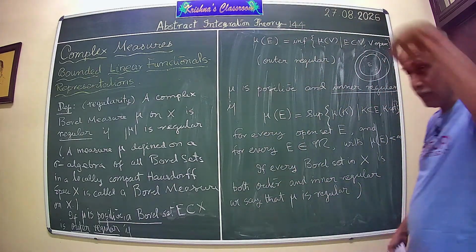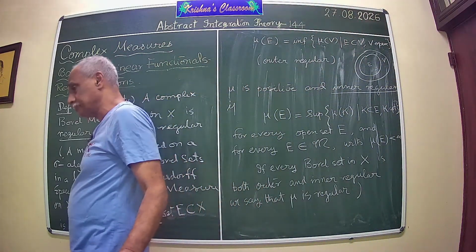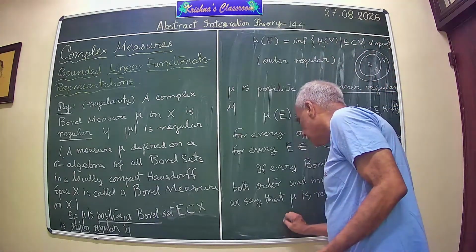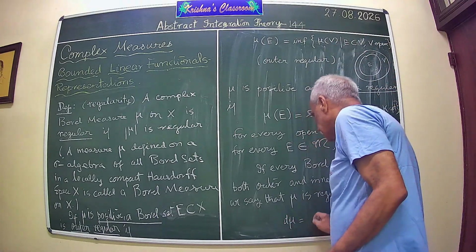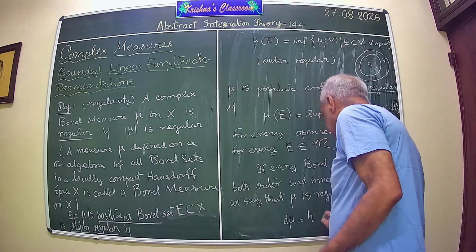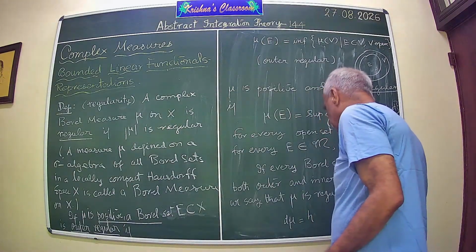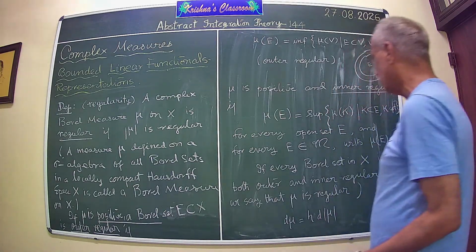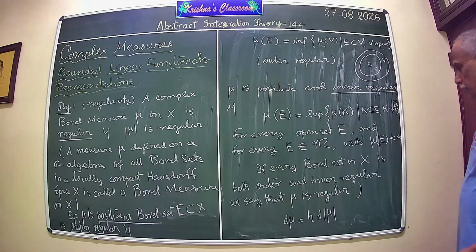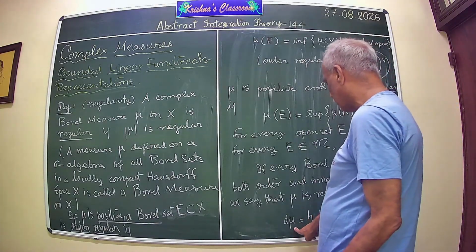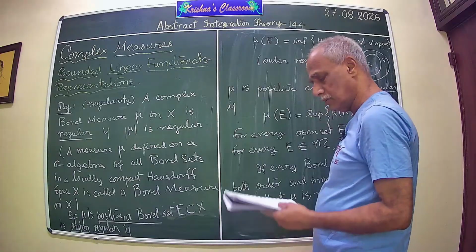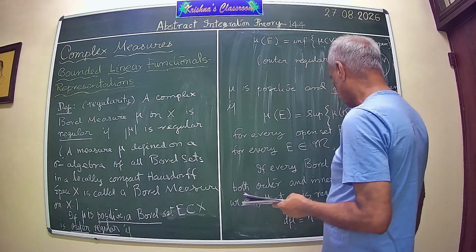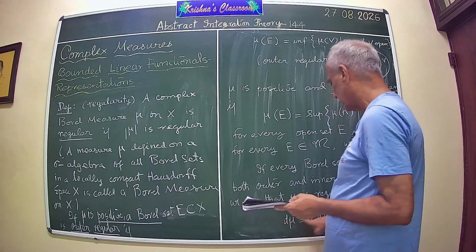Now, how do we extend the notion of regularity to complex measures? Because we have already seen that d mu can be written as h d|mu|, where h is a complex valued function with absolute value equal to 1. So we say that mu is regular if the total variation measure |mu| is regular. Okay, this is a complex measure, this is a real measure.